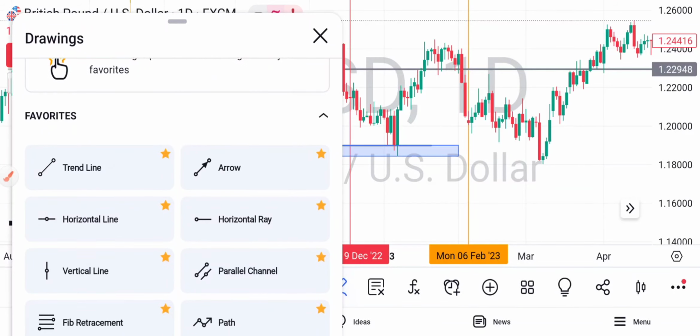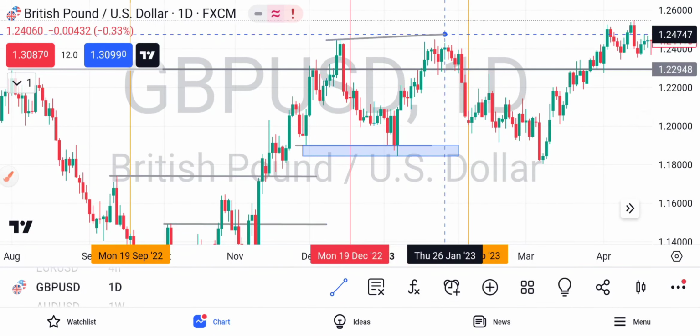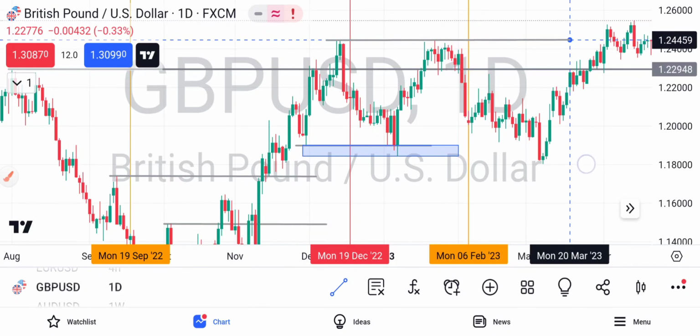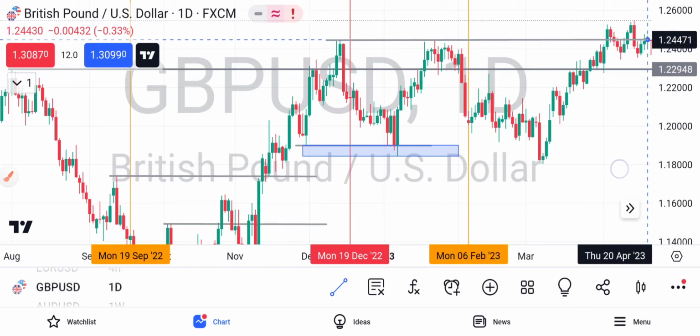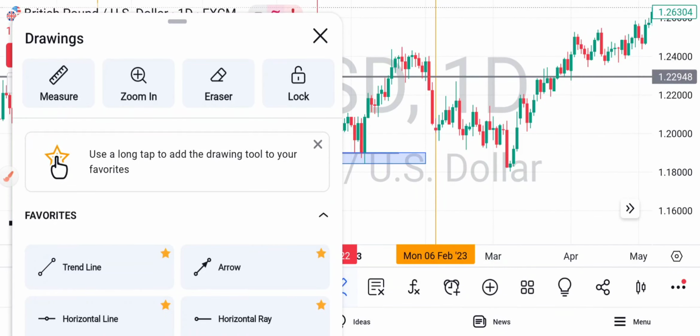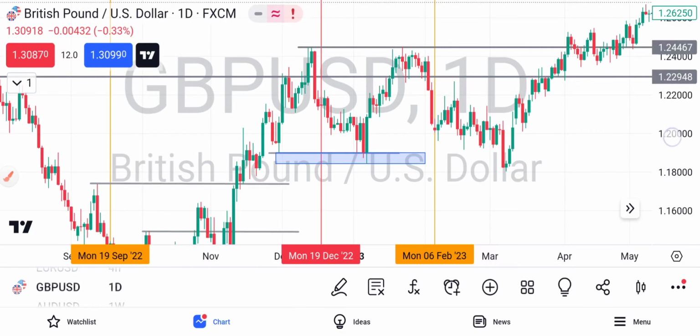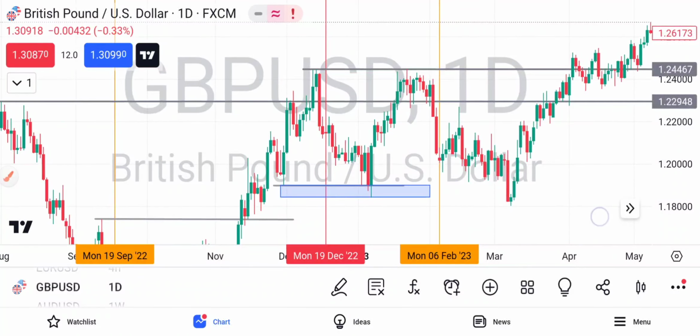This is what we're aiming for: this relative equal high that was shown on the weekly time frame. If you see it here, it's still looking ahead. This is a perfect relative equal high. See it closely, their lengths are equal. Look at it now, the highs are equal.